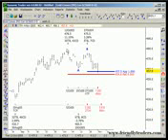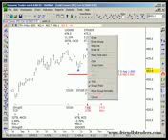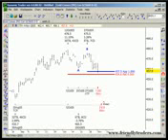Once again, I took the length in time of wave A, projected it from the beginning of wave B, and that gave me the 100% alternate time projection. This is closer to the 61.8% time retracement than it is to the 38.2% time retracement, so I'm going to delete the 38.2% time retracement. And we now have our typical wave C time target.